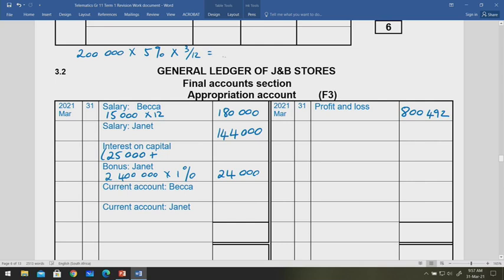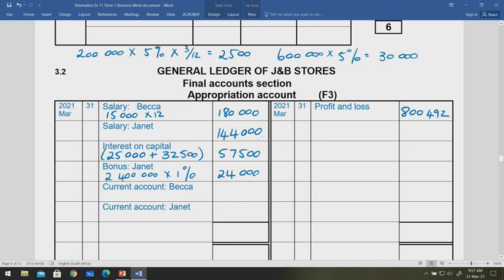And that will give a 2,500. She had 600,000 for the whole year, and she can earn interest at 5% on that amount, which will give you 30,000. So her interest on capital will be 32,500.